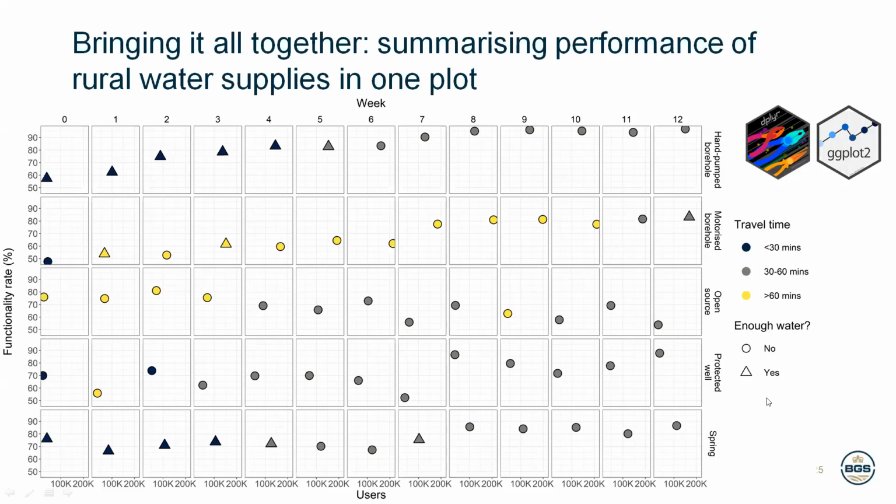So this graph does take a wee bit of thinking about, but what it does is it nicely brings all the component parts of my analysis together in this one visualization.